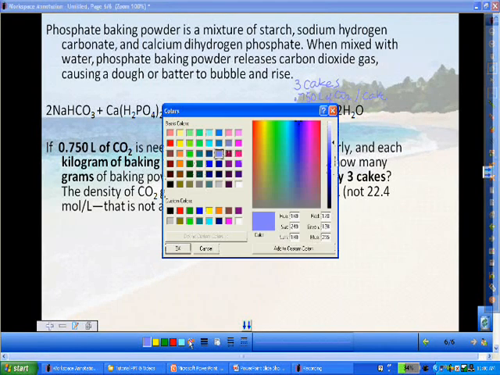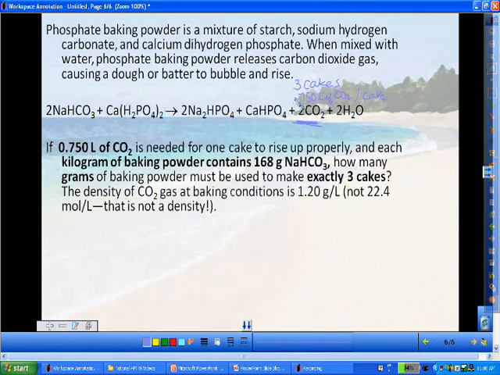That's a little hard to see, so let me switch colors. 0.750 liters of carbon dioxide per cake. There you go. Now you can see that better. And each kilogram of baking powder contains, here it tells us, 168 grams of sodium hydrogen carbonate.